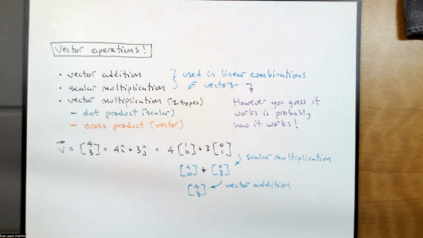Notice that I even respected the order of operations, and I did the thing that we call multiplication before the thing that we call addition. So we'd say the vector 4, 3 is a linear combination of the vectors 1, 0 and 0, 1.